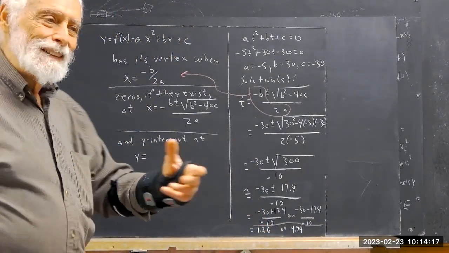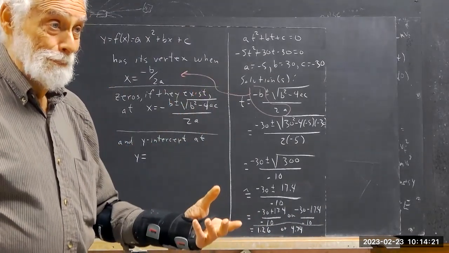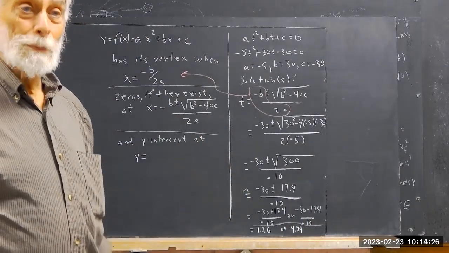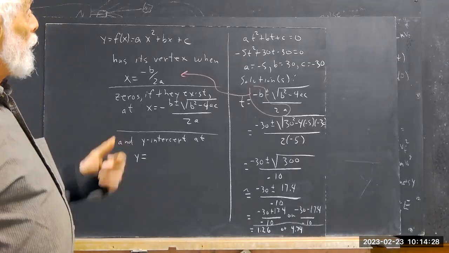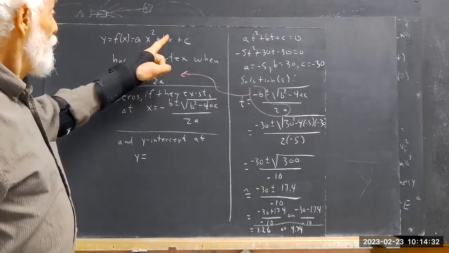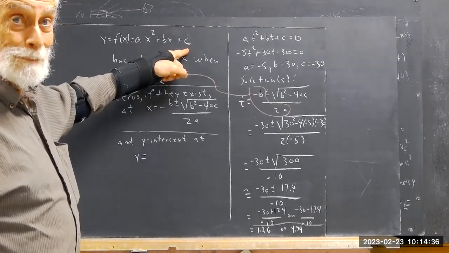But then, in general, I asked, what do you know about the y-intercept? Well, it happens when x equals 0. Now, what do you get when x equals 0? You get 0 here, you get 0 here, and you get C. So that's why the y-intercept is C.